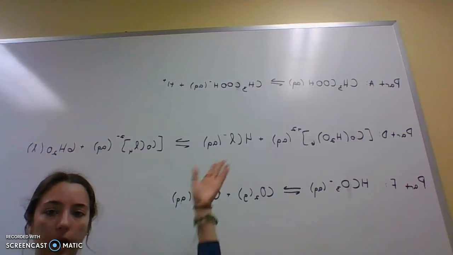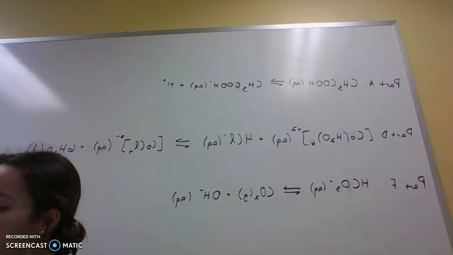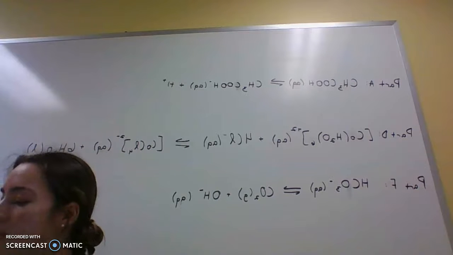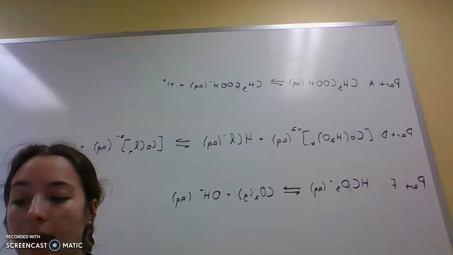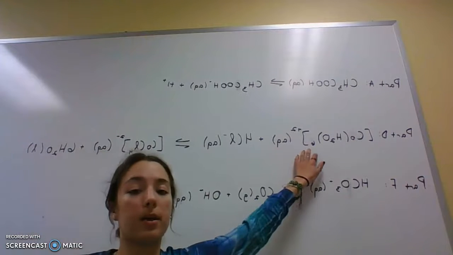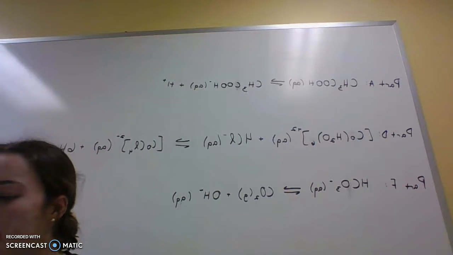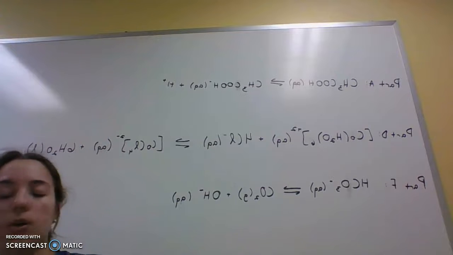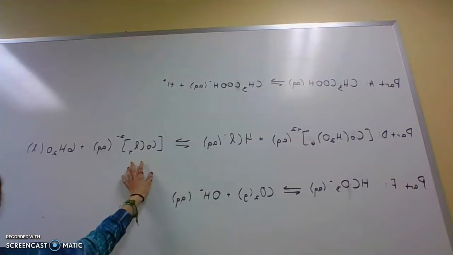So that's up here. Okay, the first part was what color is the Co(H2O)6 2 plus ion? And that was right here. That was pink. And the CoCl4 2 minus right here was blue.